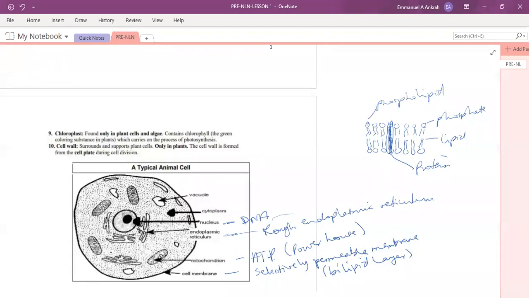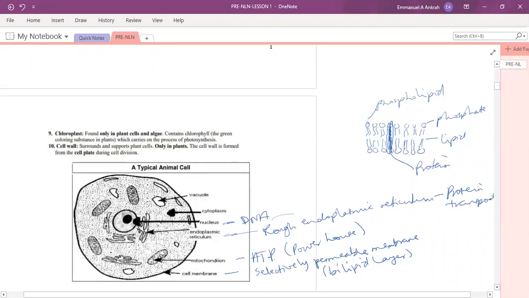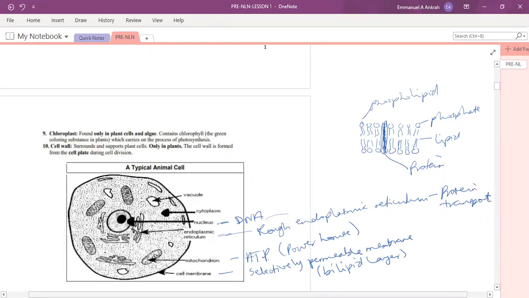As we said, its function is protein transport. That is the function of the rough ER, and it has the ribosomes on the surface.